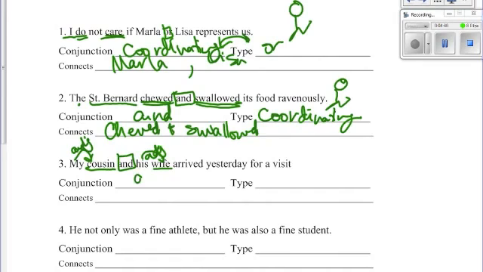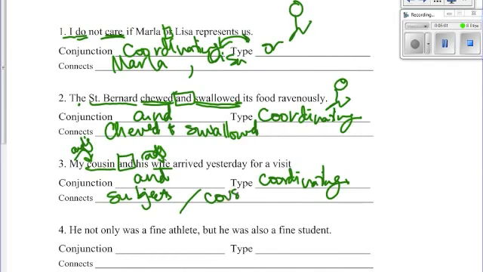So we write that here. And what kind is it? It stands alone. It's coordinating. And what did it connect? Well, it connected two subjects, the subject cousin and the subject wife. So you could write either two subjects here, or you could write who the subjects are. It connects cousin and wife.